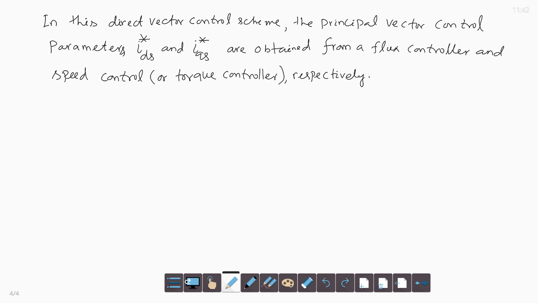So, the flux controller generates the command value of the flux component of the current ID star and speed controller generates the torque component of current command IQ star. That is one possibility. Other possibility is speed controller generates the, I am just drawing that.